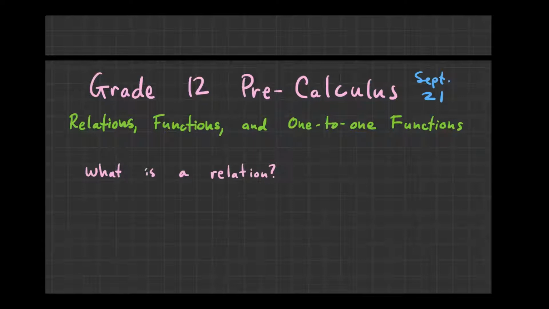Okay, so today we're going to talk about relations, functions, and one-to-one functions. That's going to be the topic that we start off with. I'm going to try to keep this lesson short and sweet. That's the model that I'm trying to achieve here: a short lesson where I give you some ideas of what we're doing, followed by a period of time where you can actually work on some of these questions.